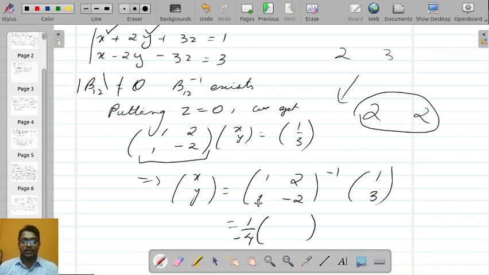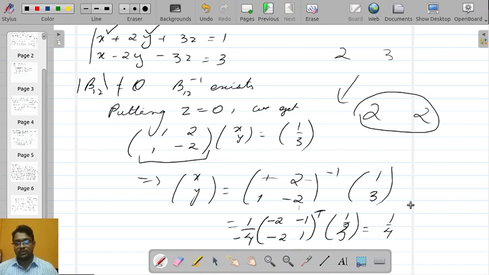The cofactor of 1 here is -2. The cofactor of 2 is -1: if you remove the first row and second column, you get -1. The cofactor of the 1 in the second row is -2, and the cofactor of -2 is 1. Then we need to take the transpose of this matrix and multiply it with (1, 3). So ultimately it's 1 over -4 multiplied with [-2 -1; -1 1] multiplied with (1, 3).